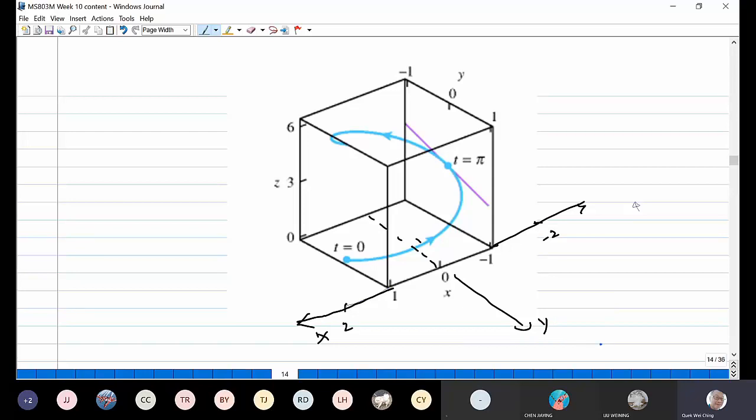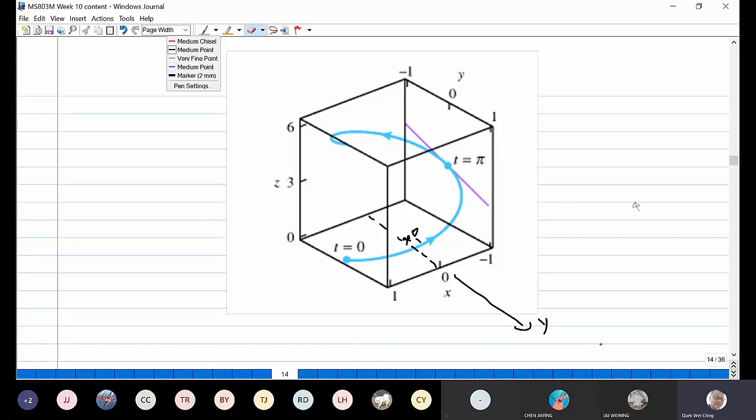So x equals 0 is somewhere here in the middle, the origin. Actually it's not like that now, so let me move this x-axis here.